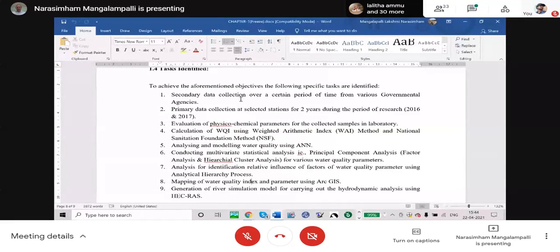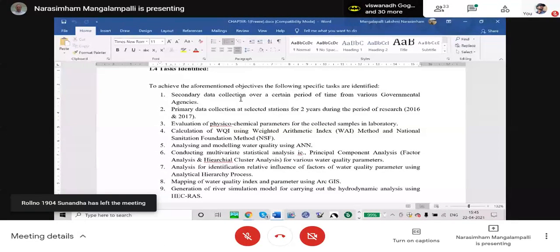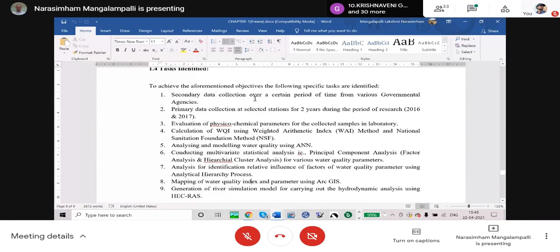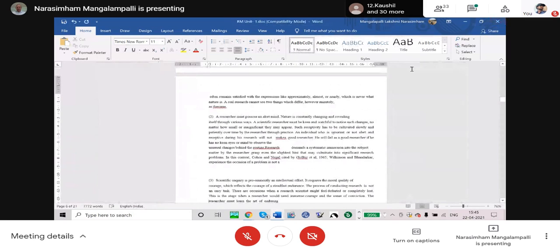So this type of identifying the primary objective, secondary objective, and then the tasks will enable you to plan your research, search for the tools and conduct your research in an easy walk-through way. So this is the significance of the objectives and other things.